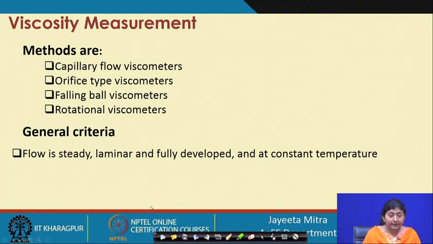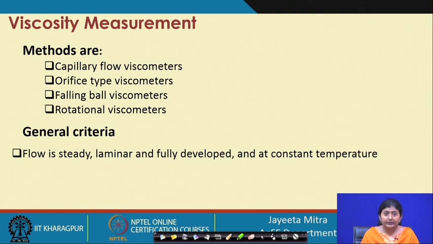Flow should be laminar, because we know that in laminar flow the flow velocity is less, and each fluid layer slides over one another. If we take turbulent flow, lateral mixing of the liquid layers will be there, which can hinder proper viscosity measurement.